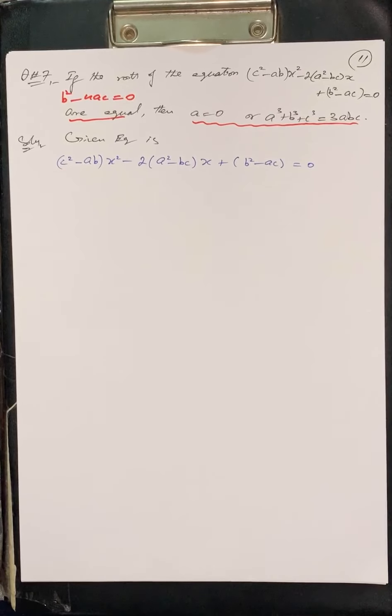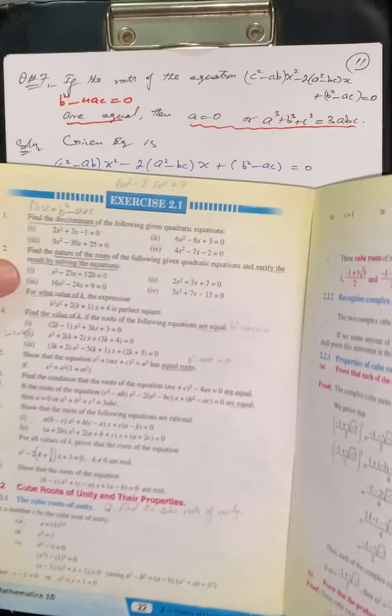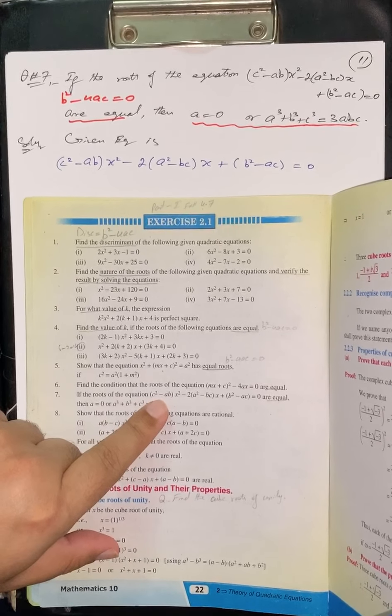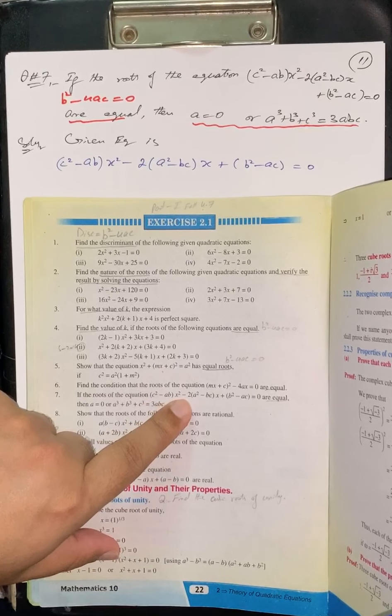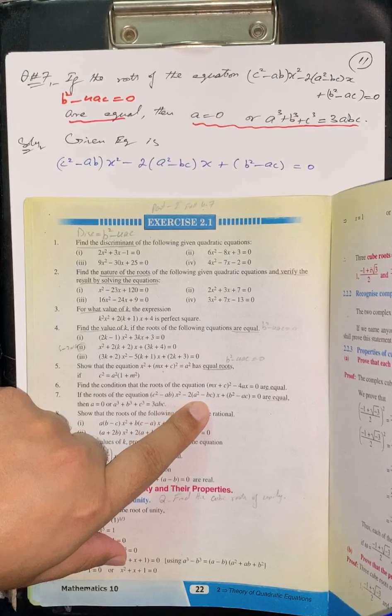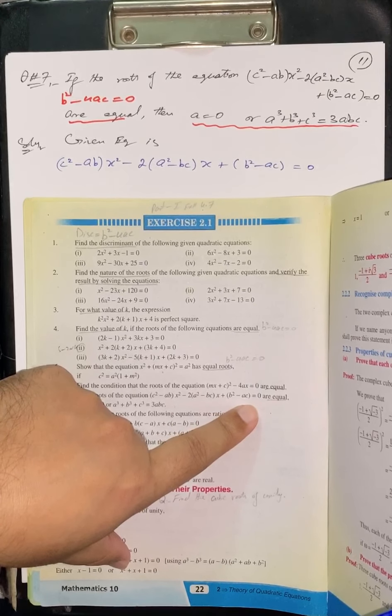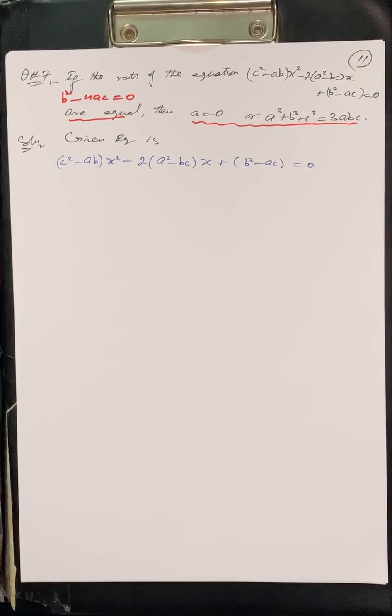I will check the equation, then I solve it. Here we have this equation: (c square minus ab) x square minus 2(a square minus bc) x plus (b square minus ac) equals to 0.